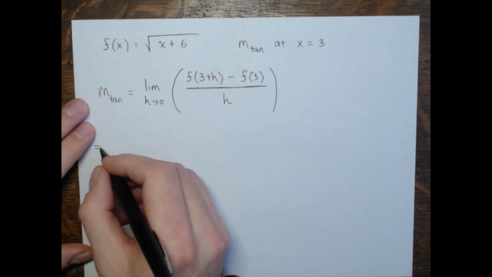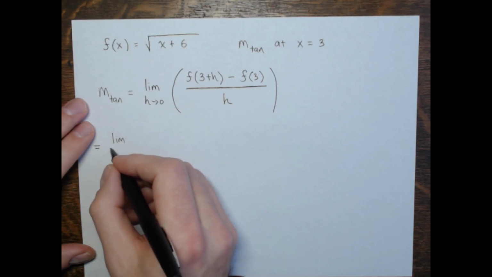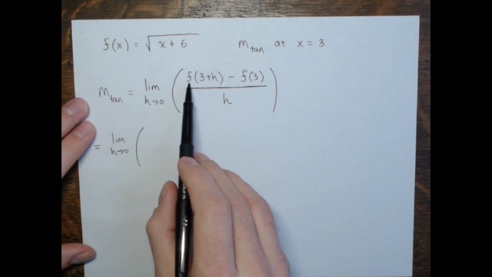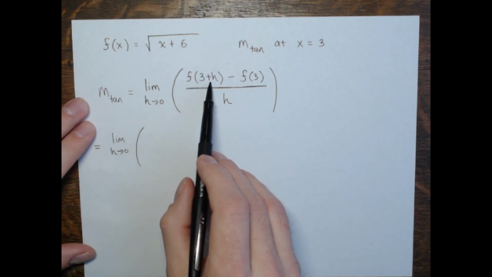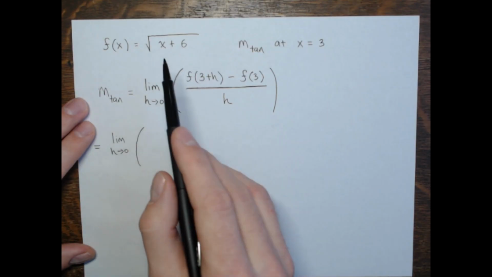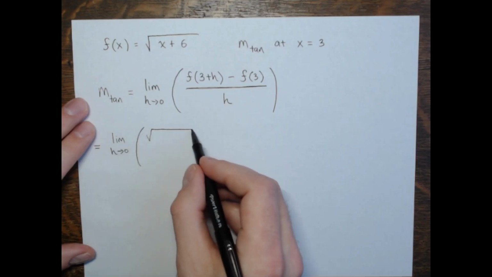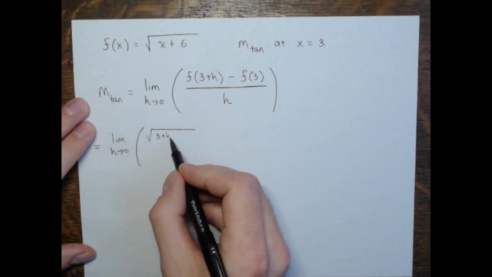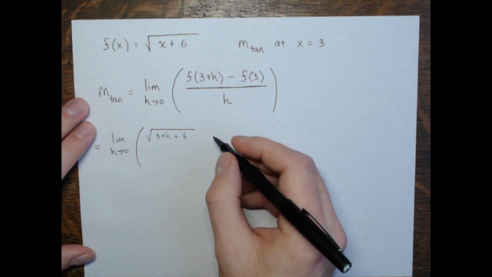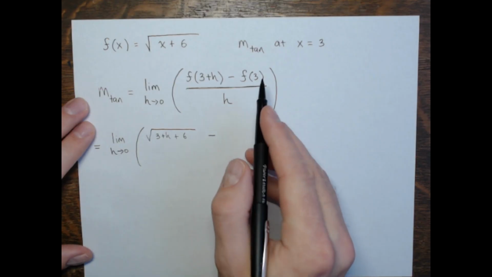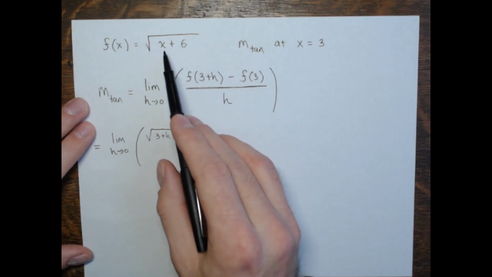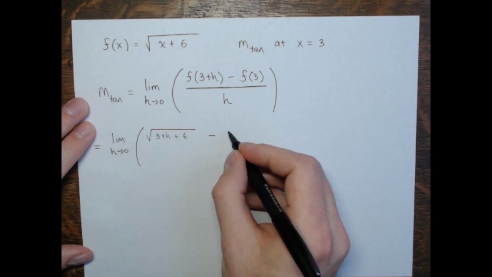All right, so I substitute for all this stuff. We got the limit as h approaches 0. Now the value of f at 3 plus h, you just replace x with 3 plus h. So that'd be the square root of 3 plus h plus 6, which will just be h plus 9. Then minus the value of f at 3, which is the square root of 9. 3 plus 6 is 9, and that's just 3.